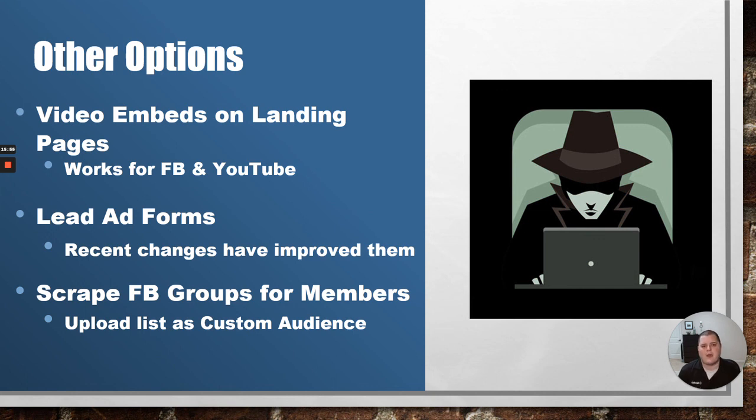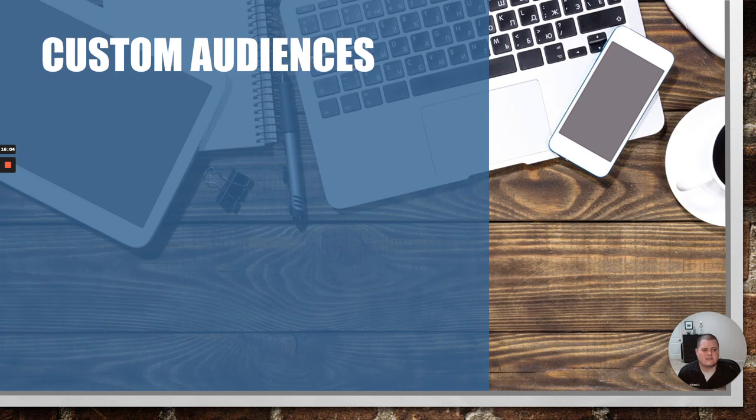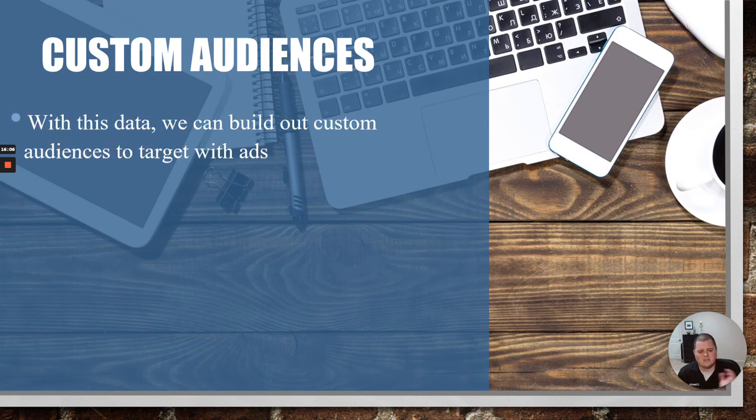Now, what can we do with these custom audiences? Well, that kind of goes outside the scope of this video, but just to touch on it, with all this data we've talked about, we can build out our custom audience that we're going to target with ads. These can be customer lists, specific actions like viewership, etc. And from that, we can say, okay, if somebody viewed this video, I want to start throwing them ads. That's what you can do with a custom audience.